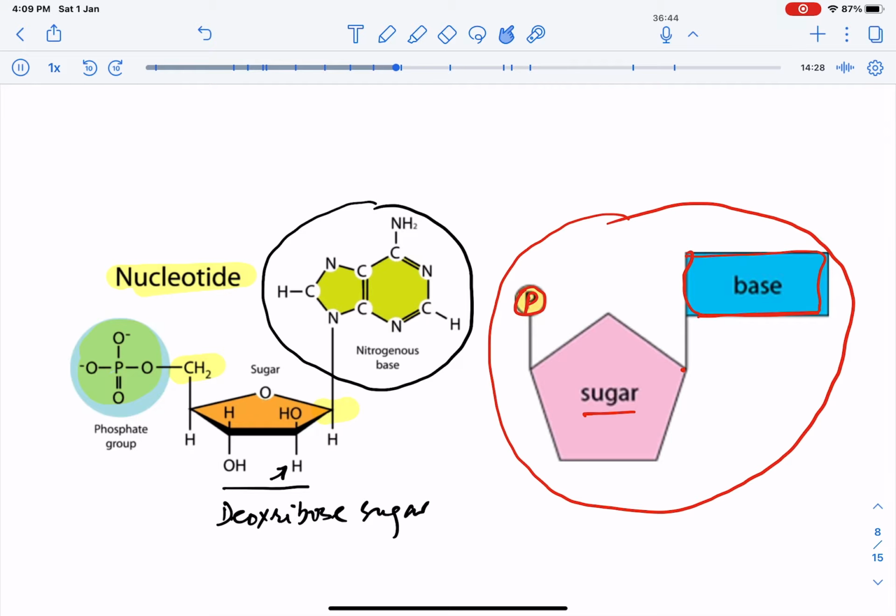Depending upon the nitrogen base attached with the sugar, as there are 5 different types of nitrogen bases, there are different types of nucleotides. So let's see the different types of nucleotides.